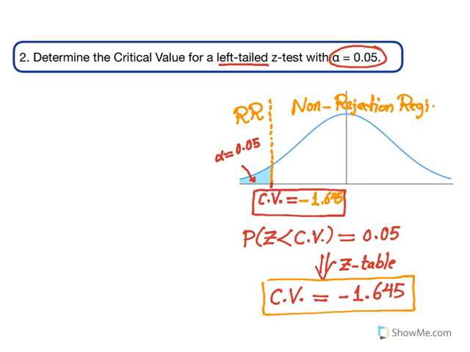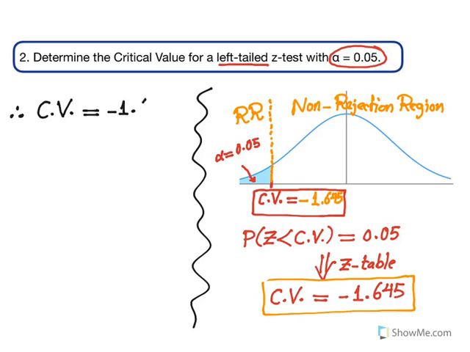Okay? And so let us now write everything as we did in the first part. So remember, you can say here, therefore, my critical value, the question could be just to find the critical value. So you can ignore this rejection region and so on, but it's better to understand it now when you are doing the critical value. So in this case, we found it to be negative 1.645.